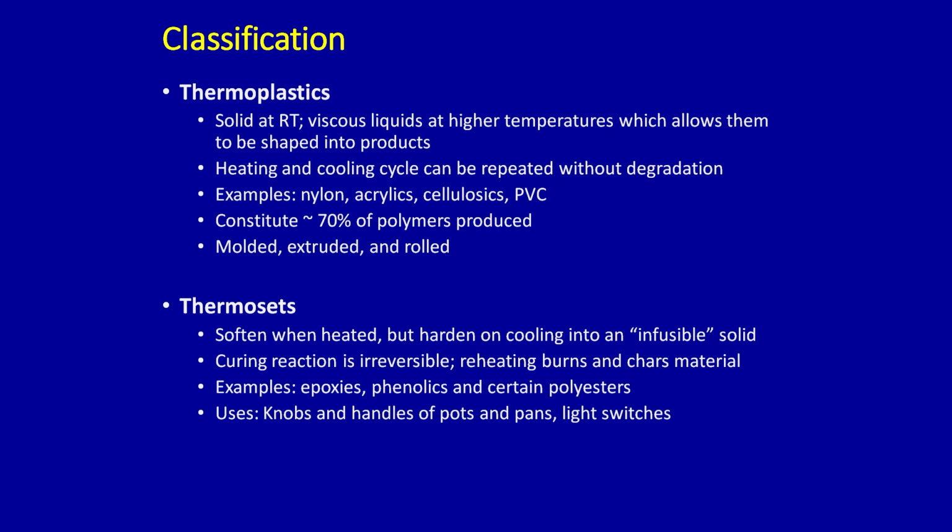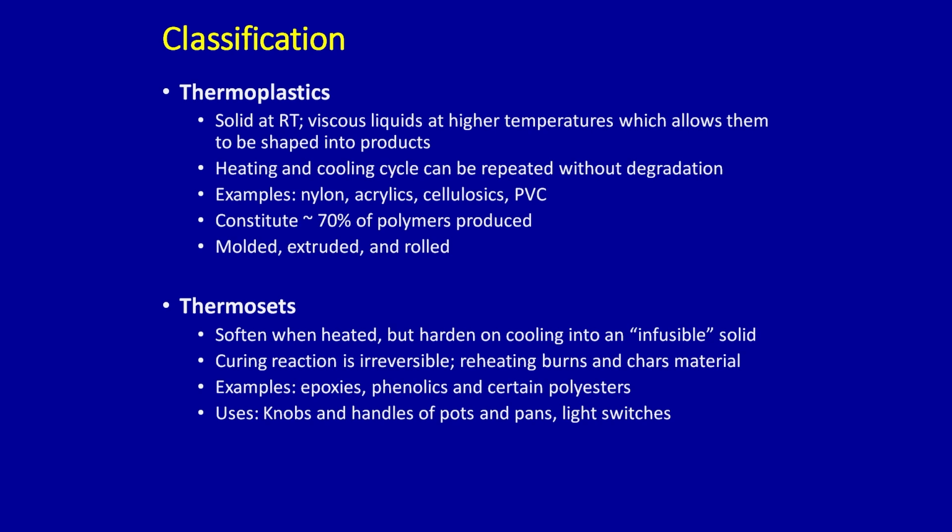On the other hand, thermosets soften very easily when you heat them, but harden on cooling, and when they harden they become an infusible solid. That means you cannot reheat and get the same back. That is why thermosets are used one time, and the curing reaction which happens during heating is irreversible.